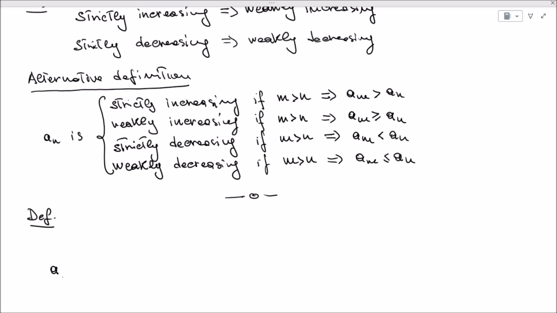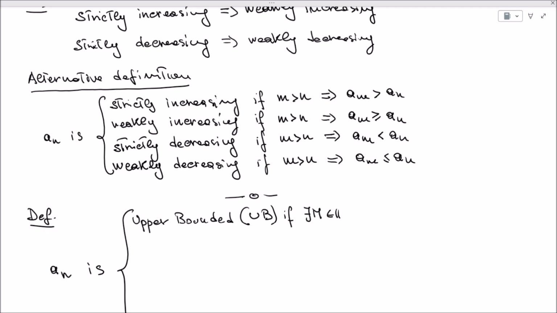We say that a sequence an is upper bounded, and we simply write UB, if there exists at least one real number m such that every element of the sequence an will be less than or equal to m for every natural number n.